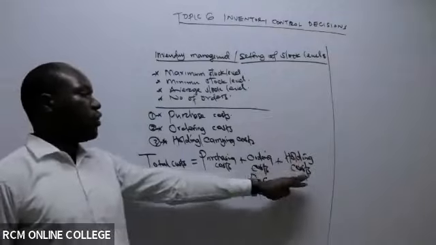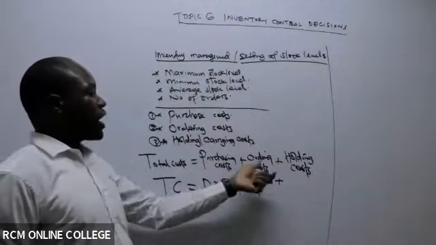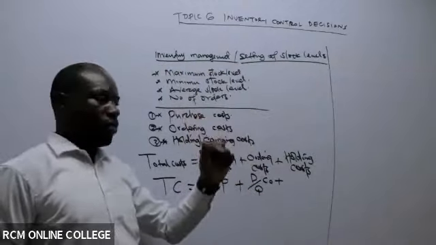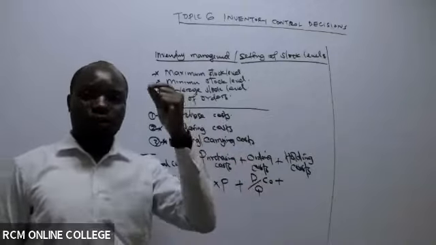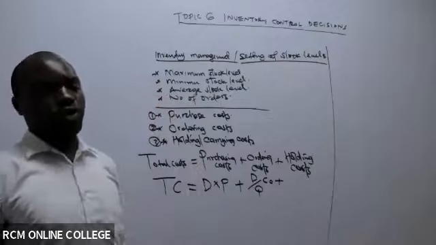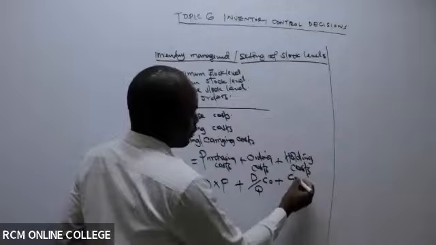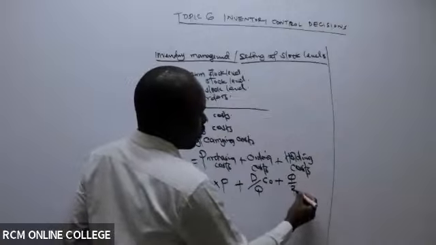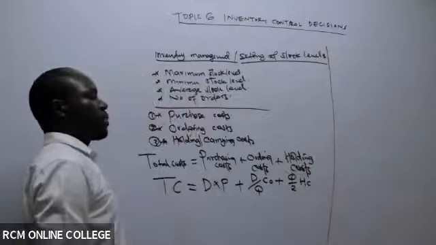So this holding cost is dependent on the units that you are having. But ordering cost here does not depend on the number of units. Ordering cost depends on the number of orders you are going to make. And therefore, holding cost here will be quantity divided by 2, then we multiply by holding cost per unit.